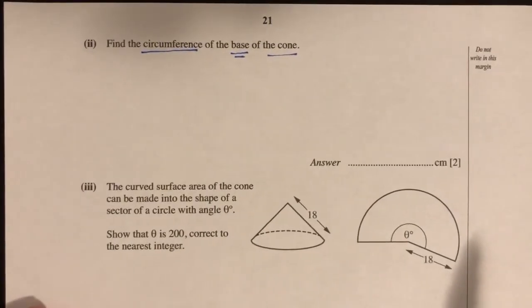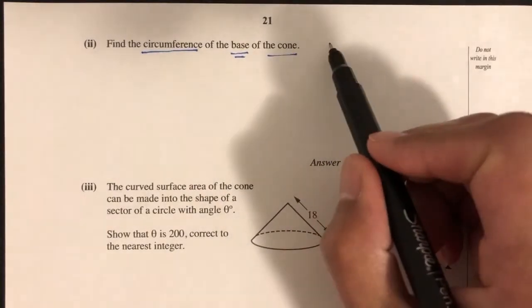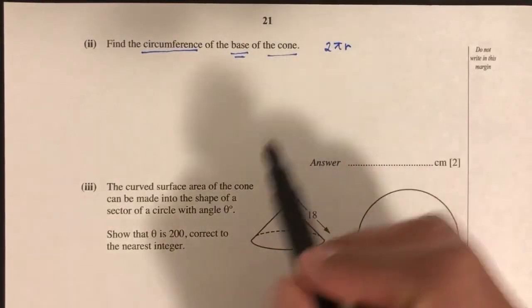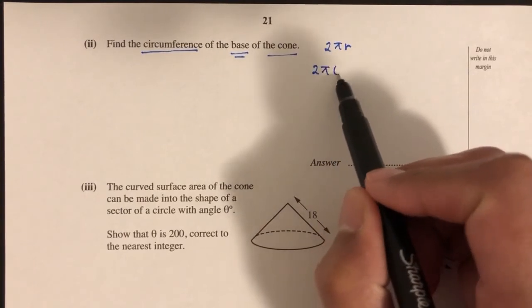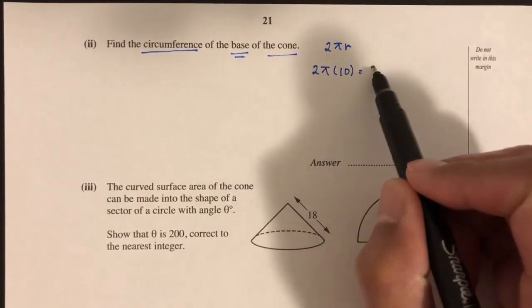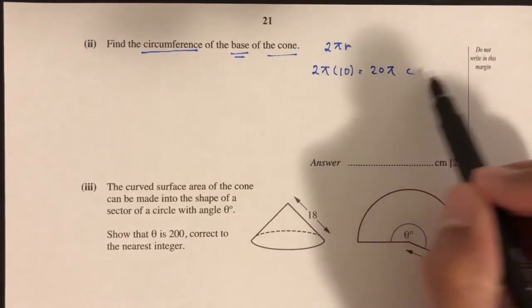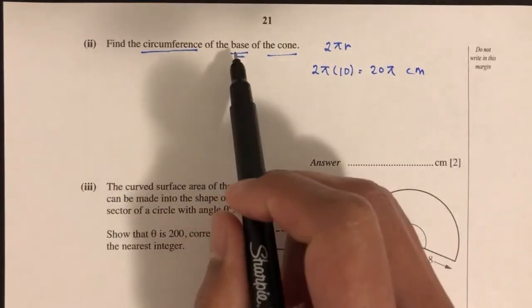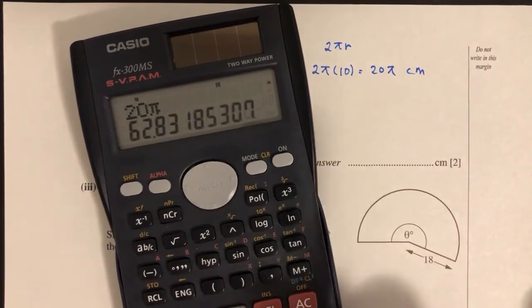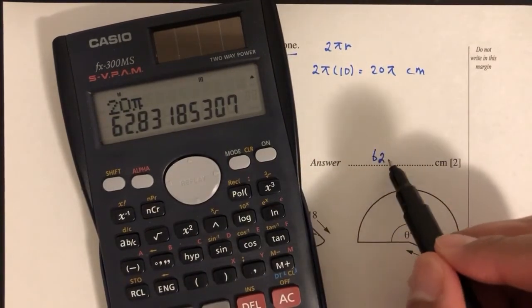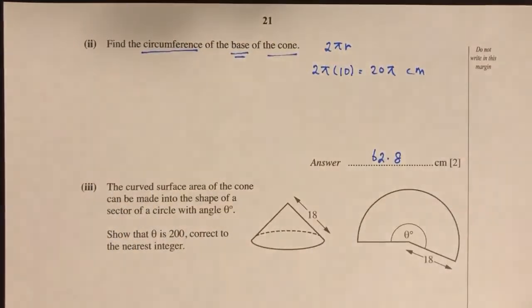The formula here we know is 2 pi r for circumference. So 2 pi r with r as 10. That will be 20 pi centimeters for the circumference of the base of the cone. So 20 times pi, that will be 62.8 centimeters for the base of the cone.